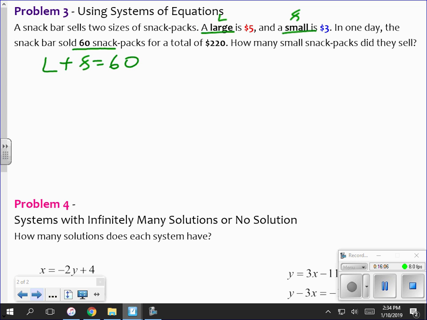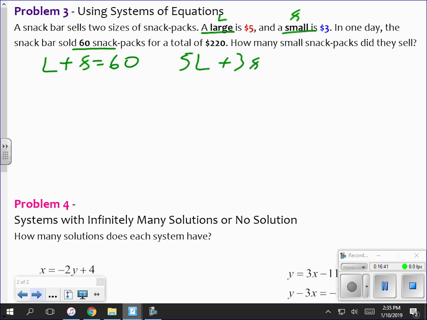So large ones sell for $5. So 5 times the number of large ones is how much money I made off the large ones. $5 per large. $3 for each small one.